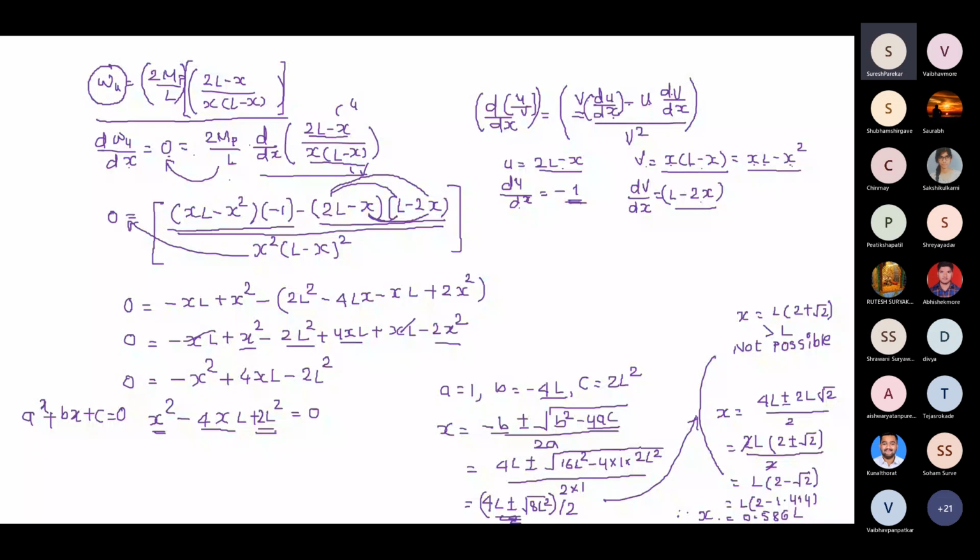And then this value of x we have to put in this equation. Wu is equal to 2Mp by L in bracket 2L minus x upon x into L minus x.